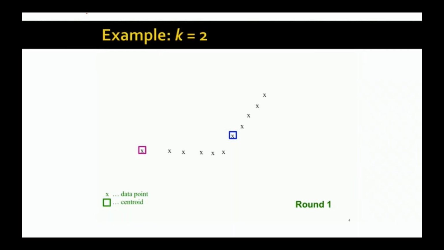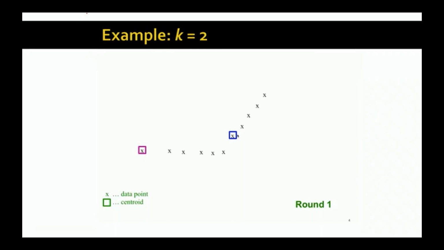Now, what I'm going to do is I'm going to go through all the data points, and for each data point, I'm going to assign it to the centroid that it's closest to. So observe that this point, for example, here is close to the red cluster. So I'm going to assign it to the red cluster. Whereas this point here is closer to the blue cluster than to the red cluster. So I'm going to assign it to the blue cluster.